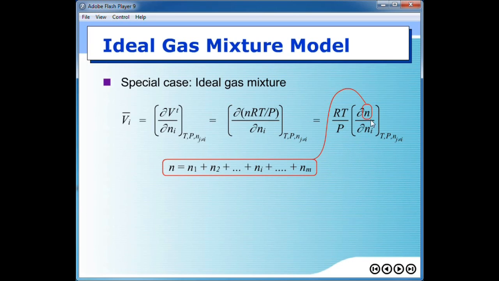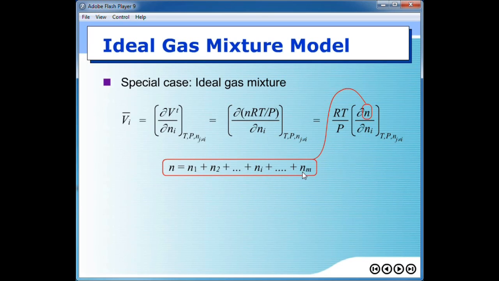If you take the differentiation of N with respect to Ni, you have the differentiation of N1 with respect to Ni, of N2 with respect to Ni, and so on. Since the number of moles Nj of all other species other than species i are constant, the differentiation of N1 with respect to Ni equals 0, and so do N2 until Nm.